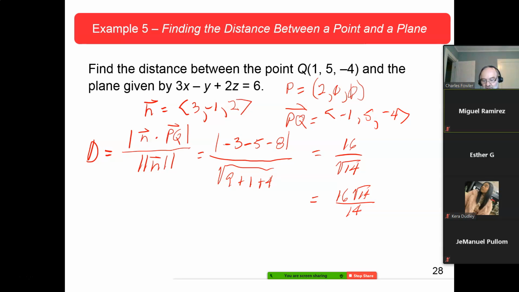So it'd be 16 divided by root 14, about 4.28 approximately. Okay, let's see what they got. 4.28, that's what they got also.